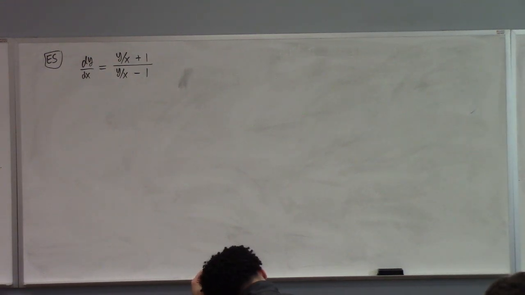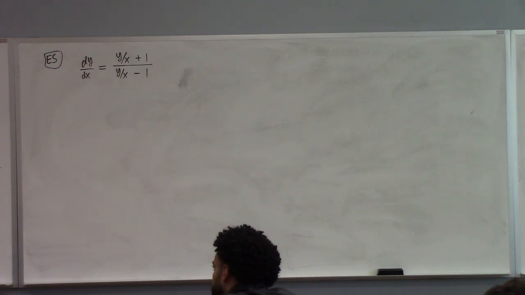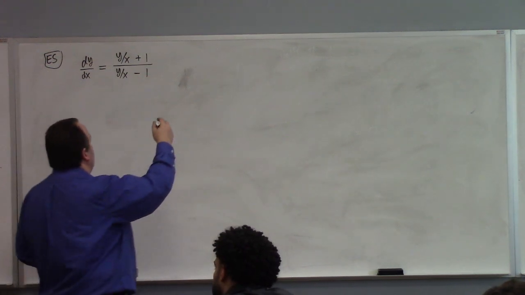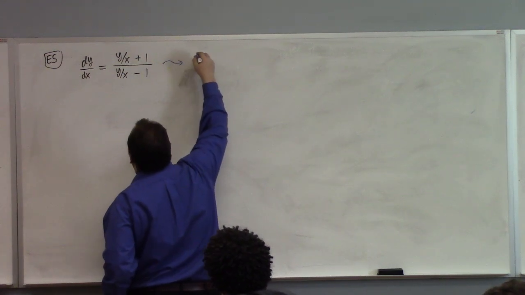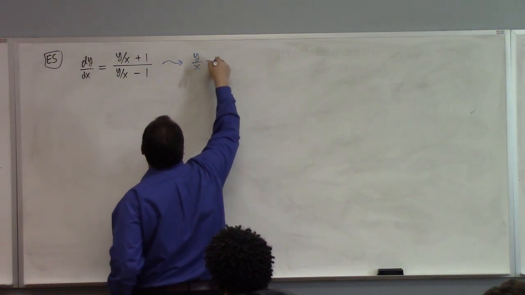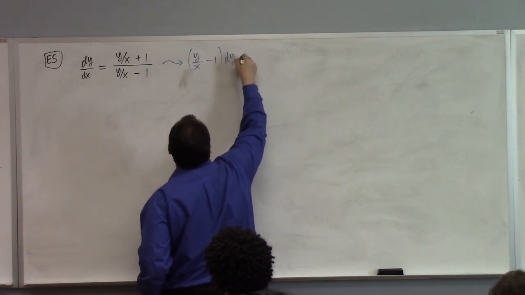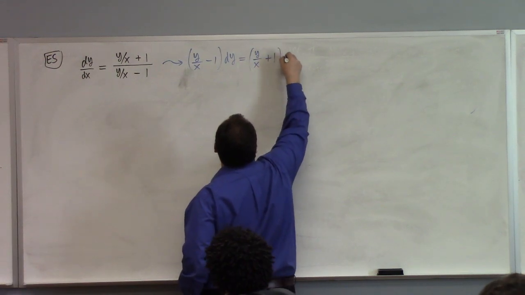This is actually an example of what's known as a homogeneous differential equation. If I rewrite this in Pfaffian form, kind of show you the man behind the curtain here, this is interchangeable. I'm not solving it right now. I'm just giving you a commentary, okay? So (y over x minus 1) dy is (y over x plus 1) dx.